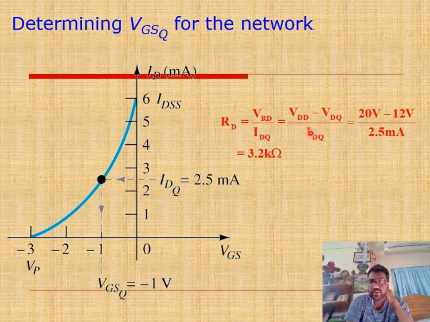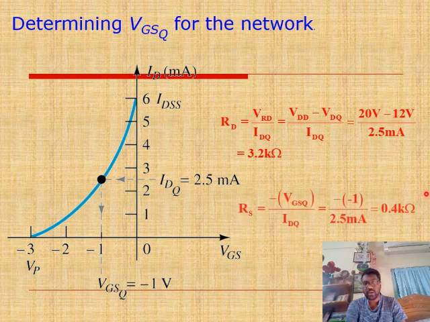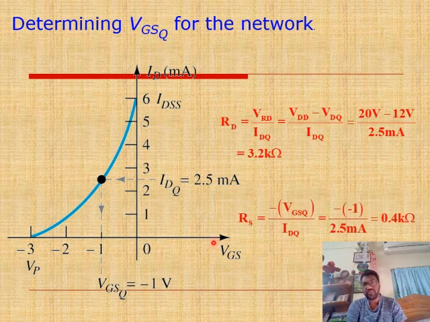So VDD is how much? 20 volt, and VDQ is 12 volt, divided by IDQ current 2.5 milliampere. So we will get an RD drain resistance value of 3.2 kilo ohm.